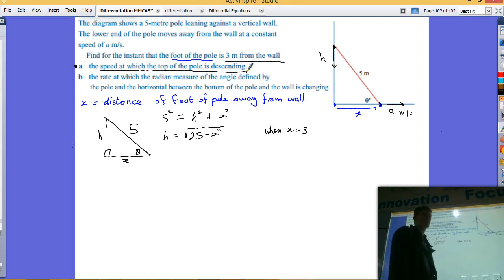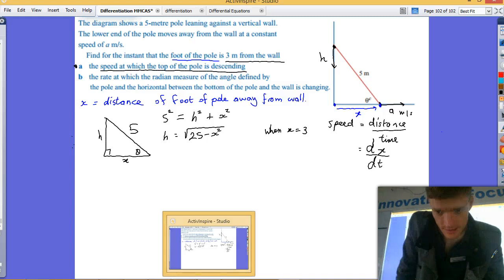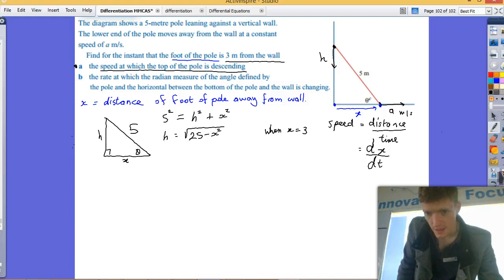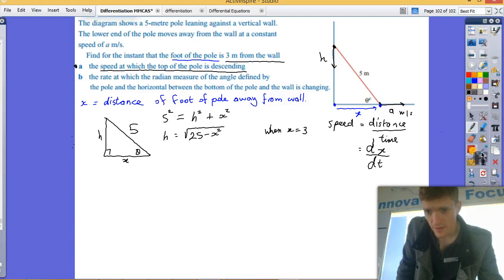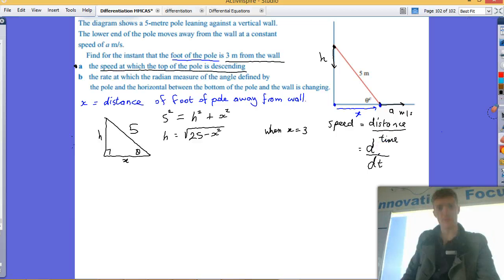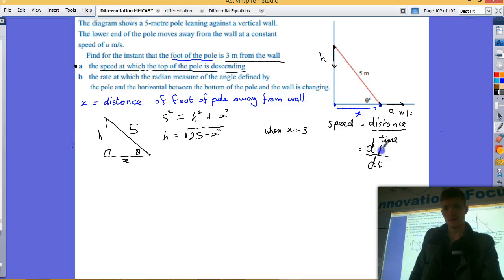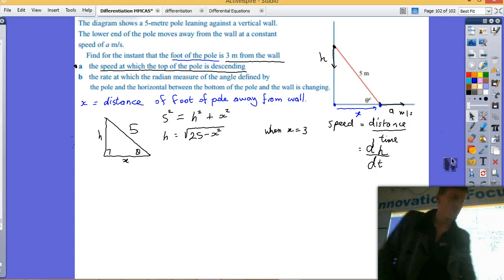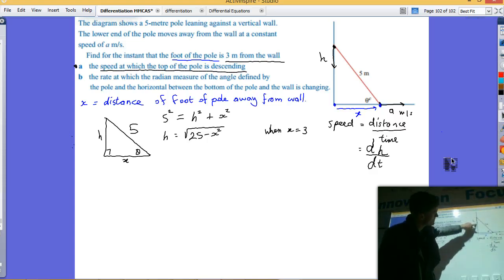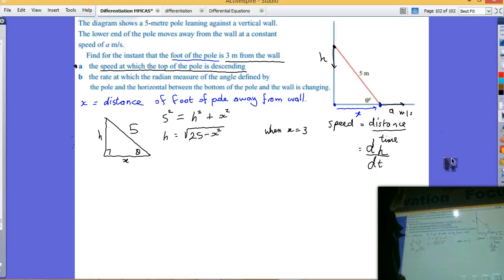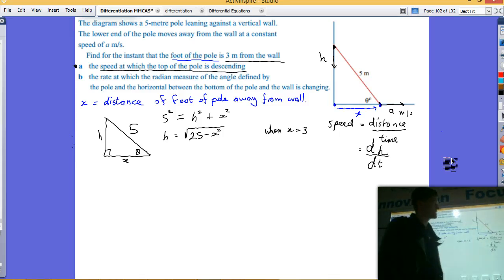So the speed is... Alright, so something about speed. We can think of speed as distance divided by time, and the speed of what we're interested in is the height that it falls down the wall. Okay, so the top of the pole descending is a speed decreasing in this manner.